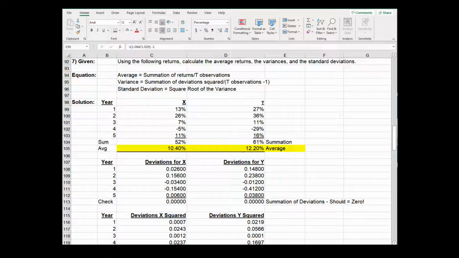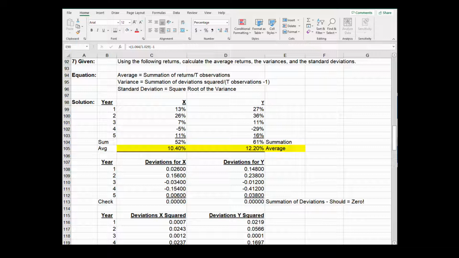In problem 12.7, we have two projects, X and Y, with varying returns. Calculate the averages, the variances, and the standard deviation. These statistical concepts are helpful to us because if we have a fairly normal distribution, plus or minus 1 standard deviation from the mean, 2/3 of all future returns will fall within that band.